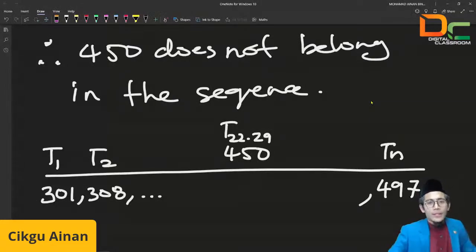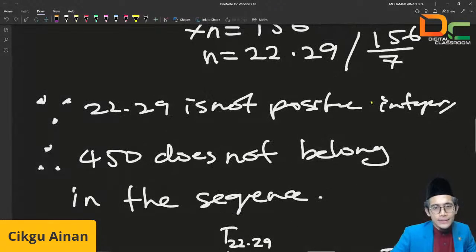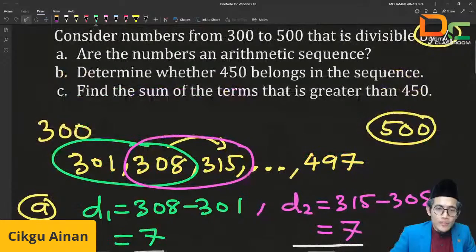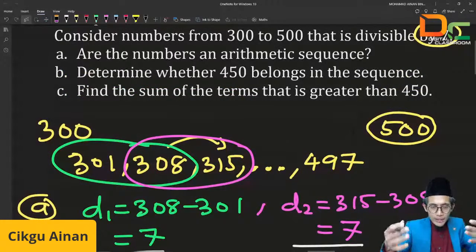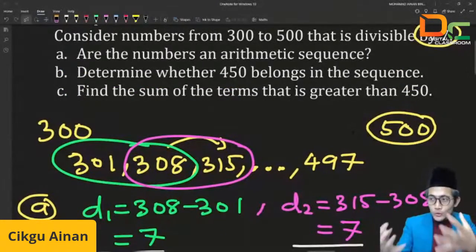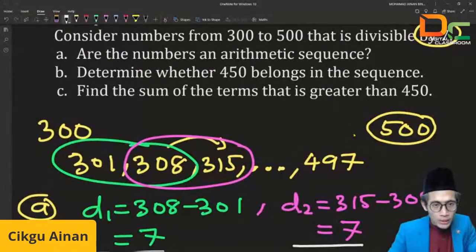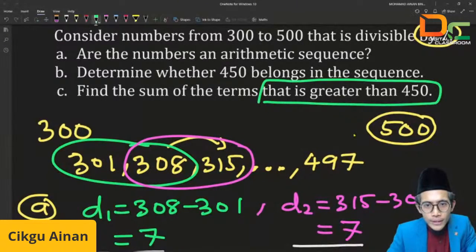Now, the question asks the sum of the terms greater than 450. Sorry I keep scrolling up and down because I need to make it bigger for you to see it clearer, but my working space is rather limited now. Saya bulatkan warna hijau. Greater than 450, dia nak apa?